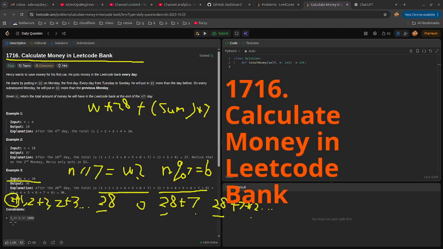So it will be week times number of days. Then we also have the second part, which is the sum of 1, 2, 3 until 6 in this case.